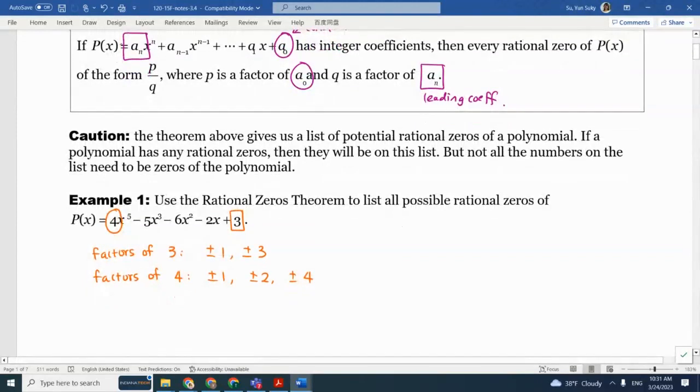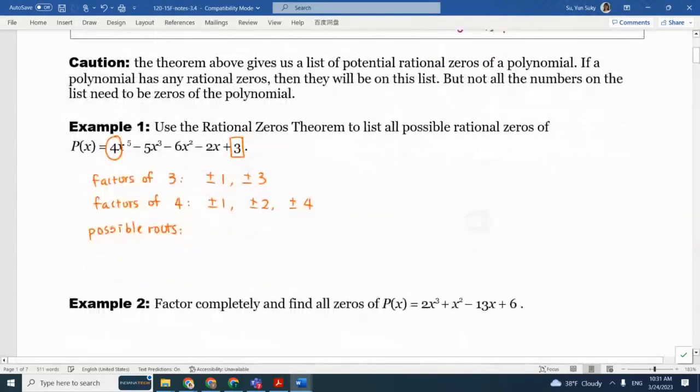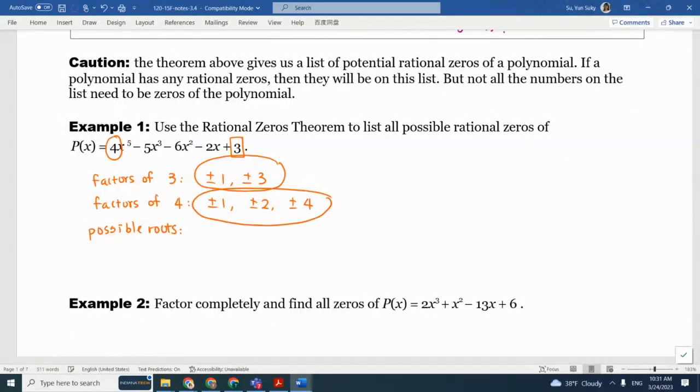So what are the possible roots? You use these numbers divided by those numbers. Let's do it one by one. Plus or minus 1 over plus or minus 1 is plus or minus 1. Plus or minus 3 over plus or minus 1 is plus or minus 3.